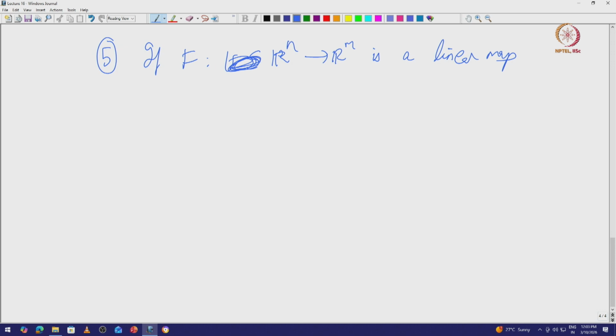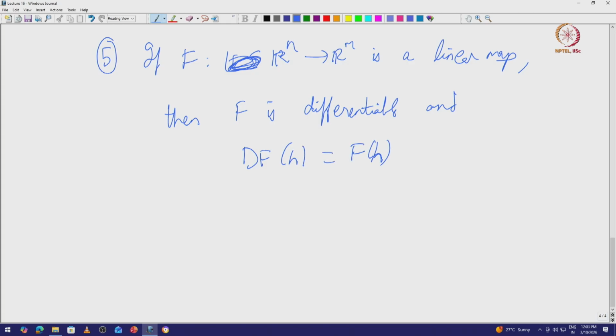If f is a linear map, then f is differentiable everywhere, and happily enough, the derivative is very simple. The derivative acting on h is basically f acting on h itself. Okay, how do you prove this?